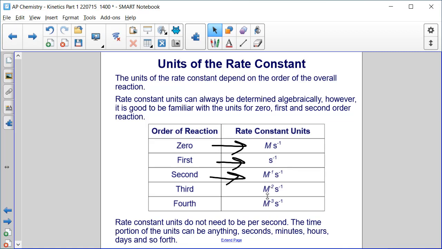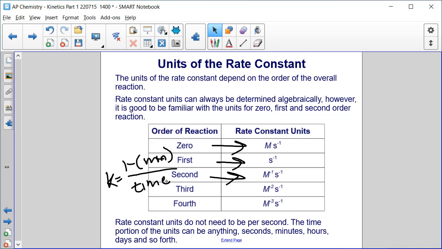I also put third and fourth just in case we have an overall reaction order that's third or fourth. But remember that generic equation that we saw in the other slide, the units for K will always be 1 minus the total order of the reaction over seconds or over some units of time.